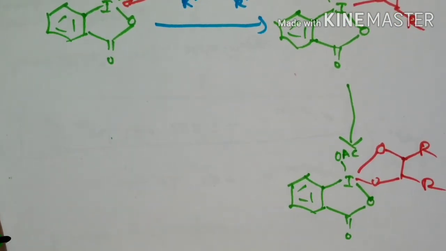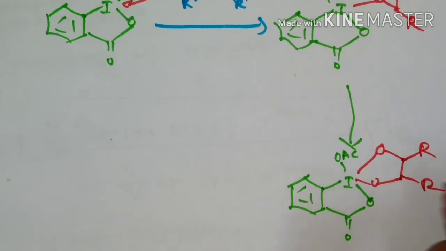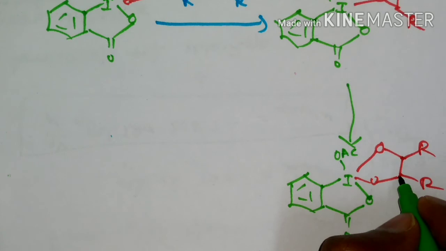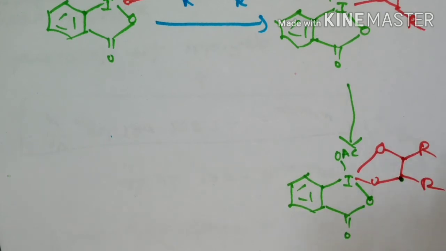Now, similarly, this cyclic structure will undergo elimination through alpha hydrogen abstraction.